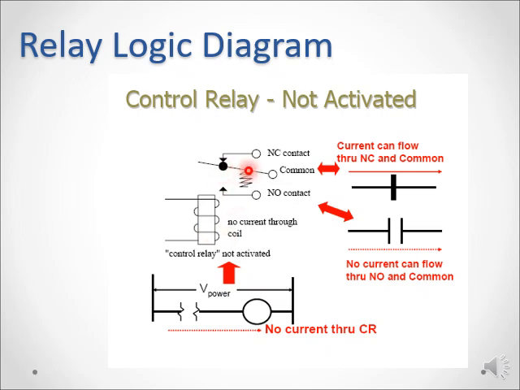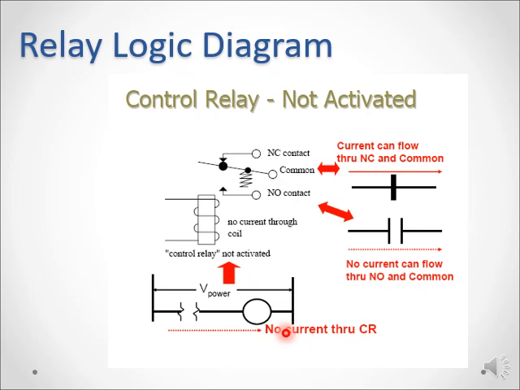Then this cantilever switch will be pulled down. Once it is pulled down, it will be connected to this normally open contact, so this will become closed, and then the normally closed will become open because this is pulled down. This is how the system works, the normally closed and normally open.